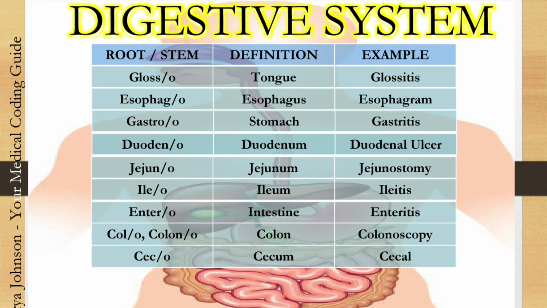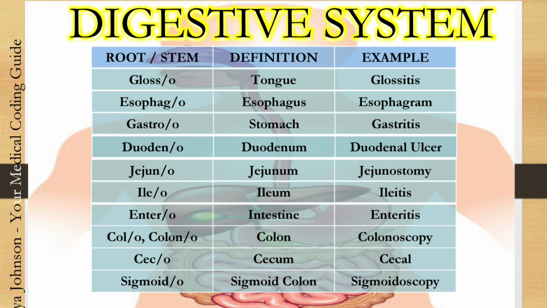The next one is cecal, which means cecum. Example, cecal. Cecal means pertaining to the cecum. The next one is sigmoido. These are large intestine parts from the colon. Sigmoido means sigmoid colon. Example, sigmoidoscopy. It means the examination of the sigmoid colon.